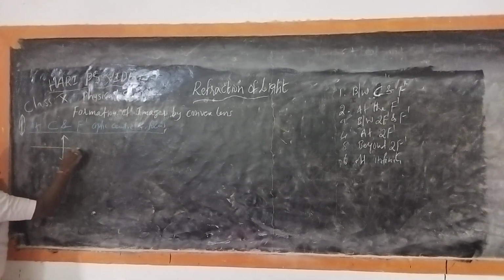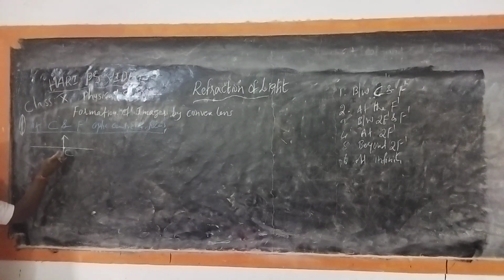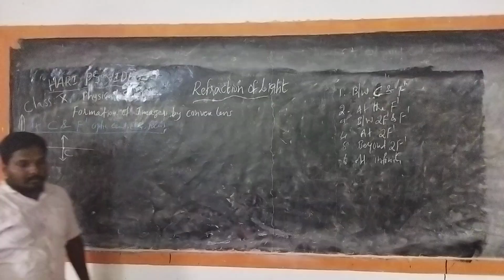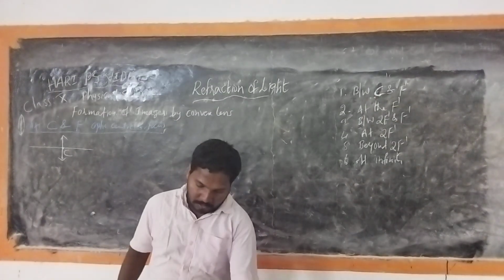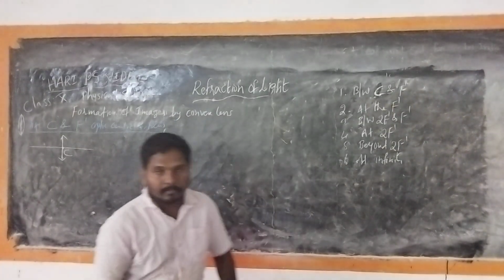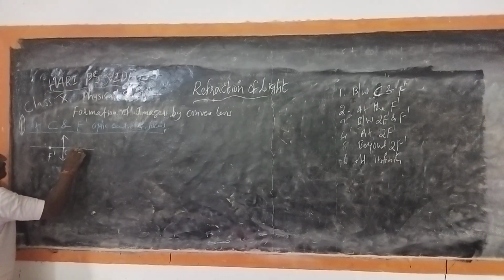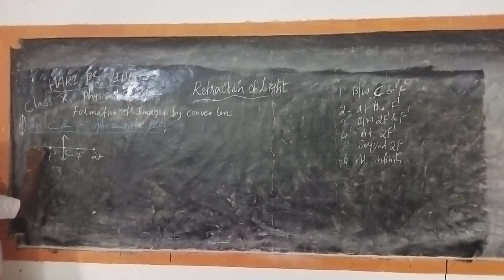So the line through the principal axis, through the optic center, and the focus. Here it is the focus, F dash. So here F, here 2F, here 2F dash.